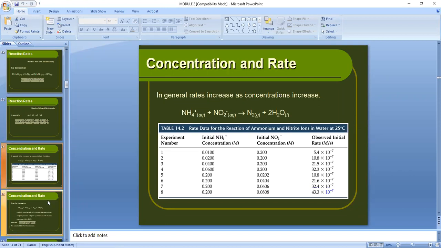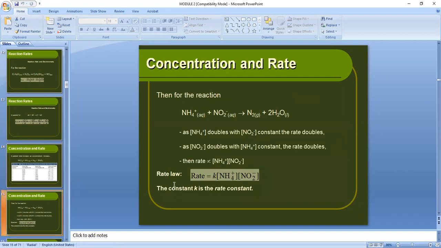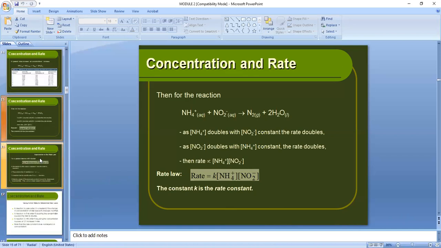So if that is the case, then that's how you should look at it and how you should come up with the rate law by inspection, taking into account the behavior of the concentration of one species with respect to the rate of reaction. But if you're given a pair of information, it could either be concentration and time, conversion and time, or concentration and rate, then you really have to recall the techniques that were used in your kinetics last semester. Okay, and we will review those as well.